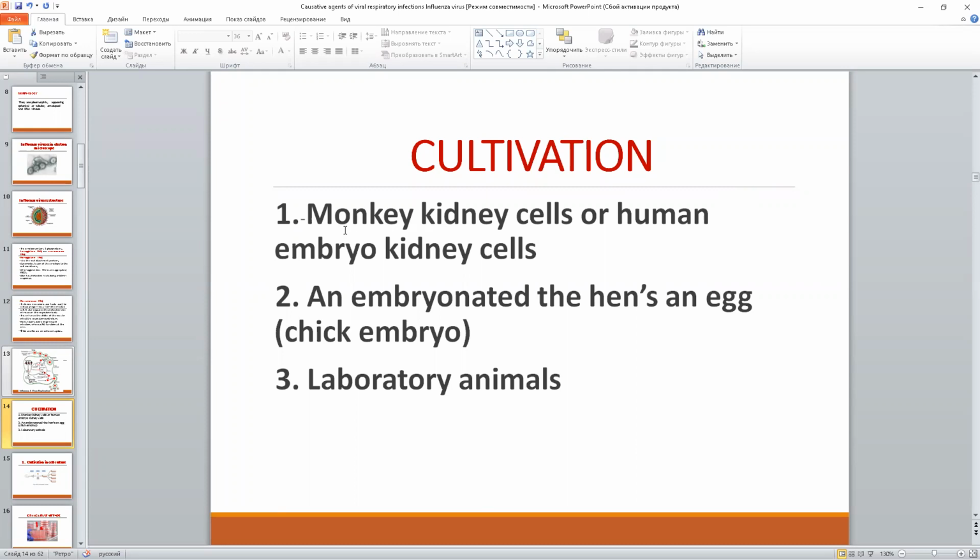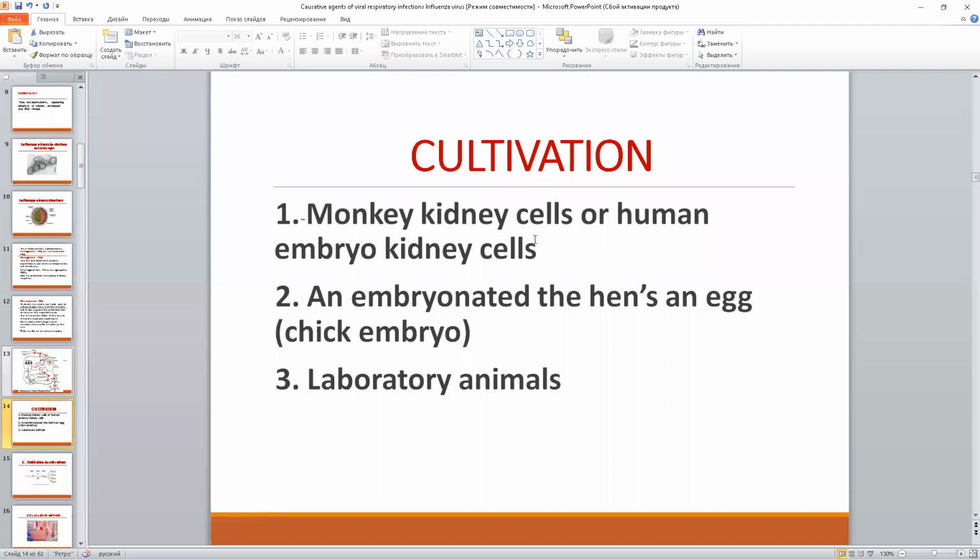Number 1, the best method, cell culture. Different cell cultures are used, isolated from animals or the human body, and it's not necessary to memorize exactly what cells, just cell culture. If it is a monolayer of cells, it is cell culture, maybe multilayer, tissue culture it is named.